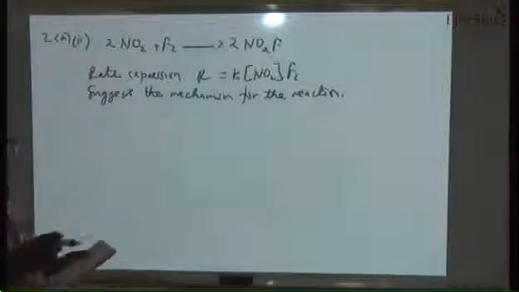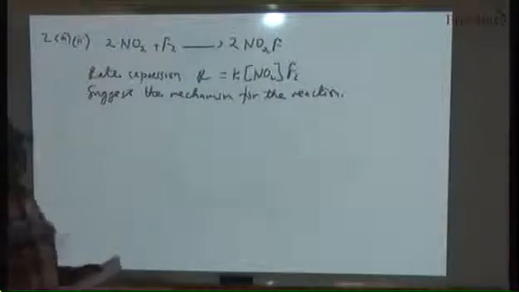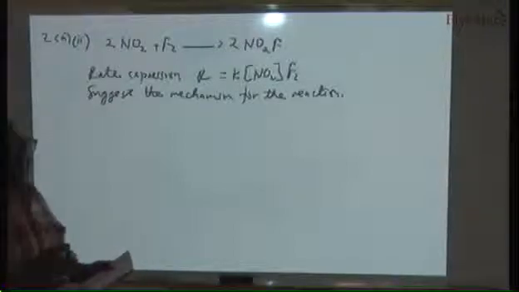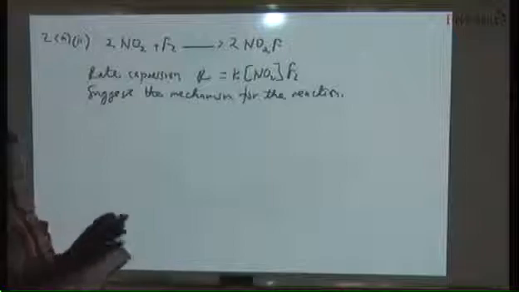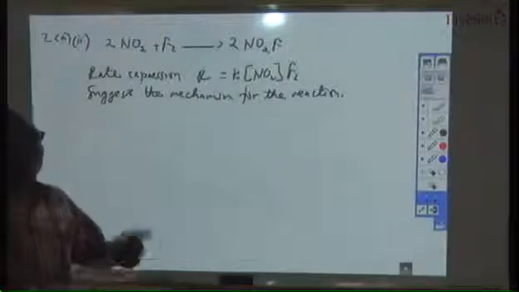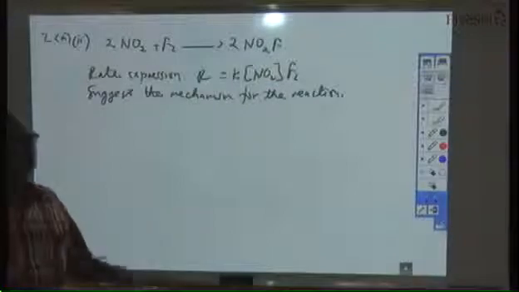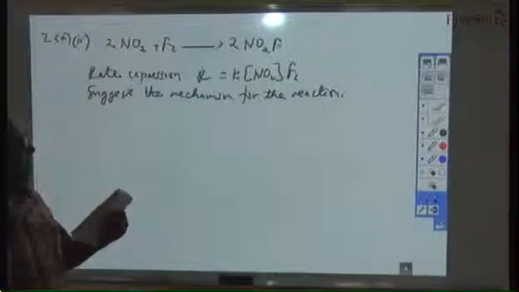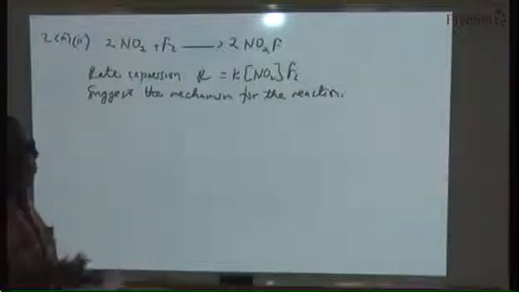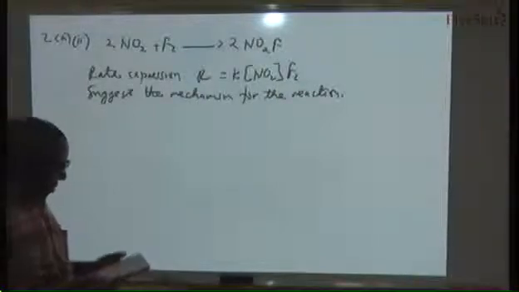Therefore, since the slowest step is the rate determining step, the rate expression involves species which are found in the rate determining step, which is the slowest step.